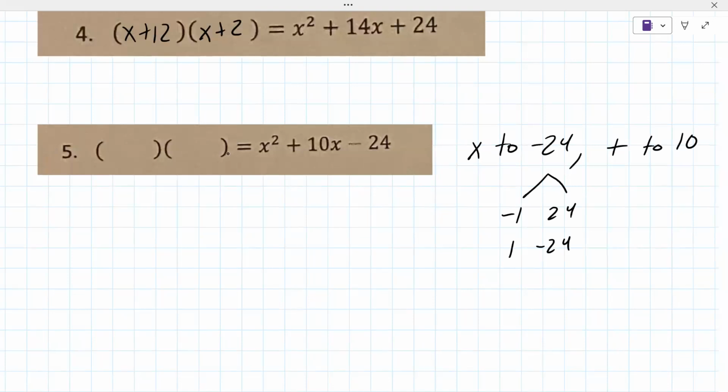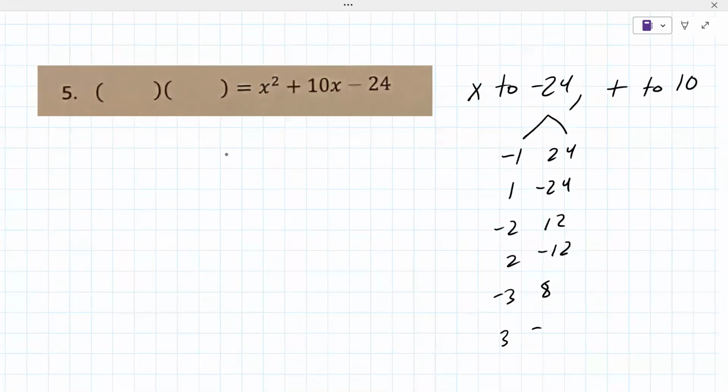One is positive and one is negative, and you don't know which one it is until you write all the possibilities out. I would want you to do this as a student. Most students don't do this, but I would want you to. And then you will find the one that adds to positive 10.